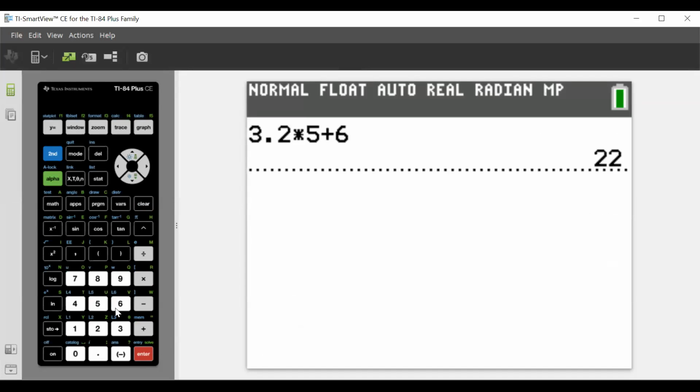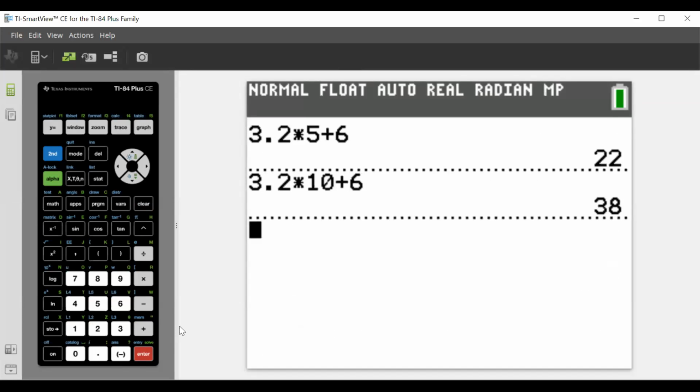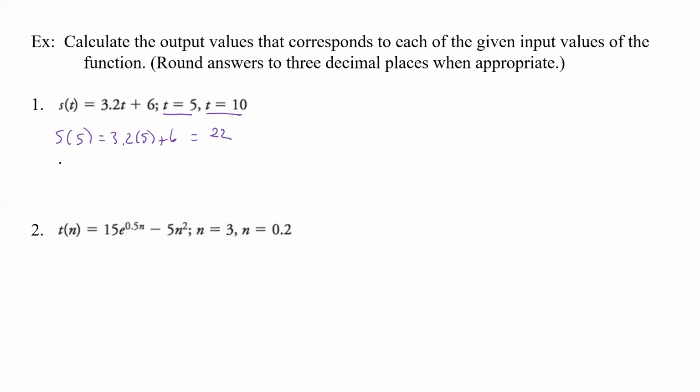And so we would take 3.2 times 10 plus 6, and we get 38. Okay, so let's go back here. And so we could say S of 10 is equal to 3.2 times 10 plus 6, and we said that was 38. Now we didn't have to round to any decimal places because they were just nice whole numbers, so we were good there.